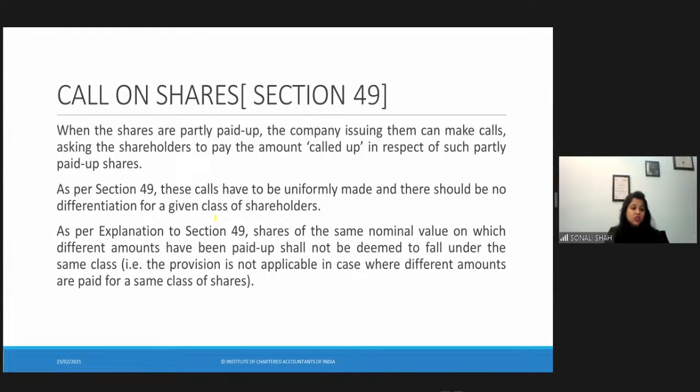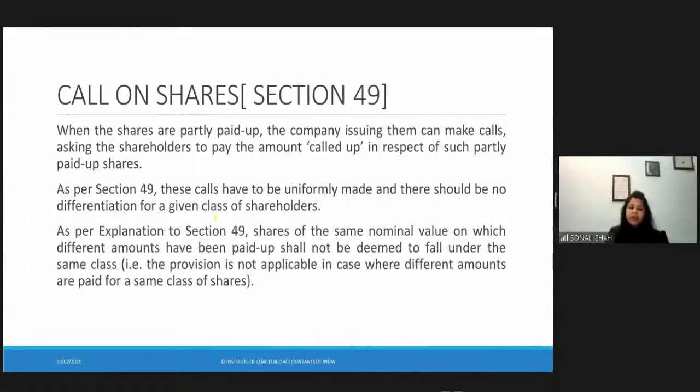Yes, Varun, the decisions can very much be in favor of shareholders. Example of variation. Let's say a preference share was issued which came with a dividend at the rate of 10%, right? But somehow the company is not doing very well as of now, and it wants to reduce the rate of dividend from 10% to 9%.